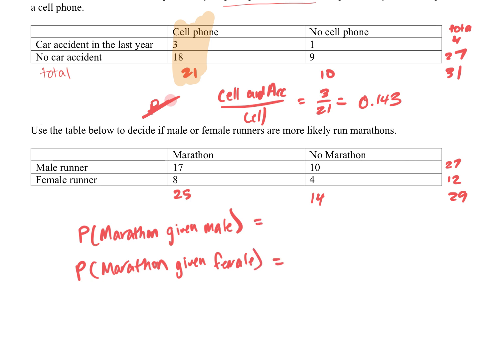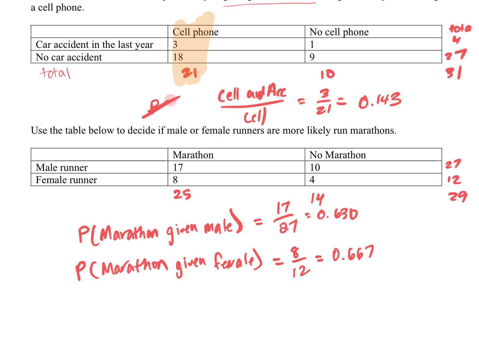So for the males, what would it be, y'all? 17 out of 25. Oh, out of 27, yeah, that's fine. Females, it is 8 out of 12. Okay, now, in this case, if I were to ask you, are these two events independent?